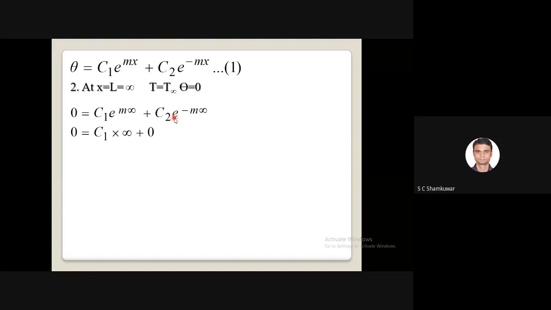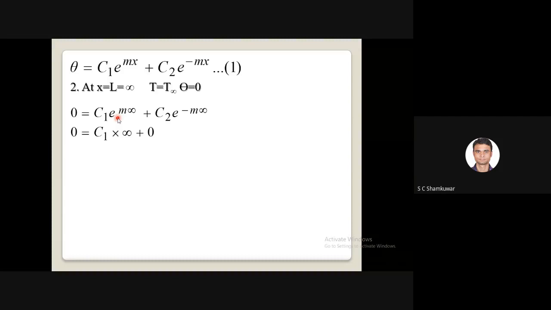Whenever there is an e to the power minus infinity, that will be 0. And whenever there is an e to the power positive infinity, that will be infinity. Therefore, theta is 0, so 0 is equal to C1 into infinity plus 0.